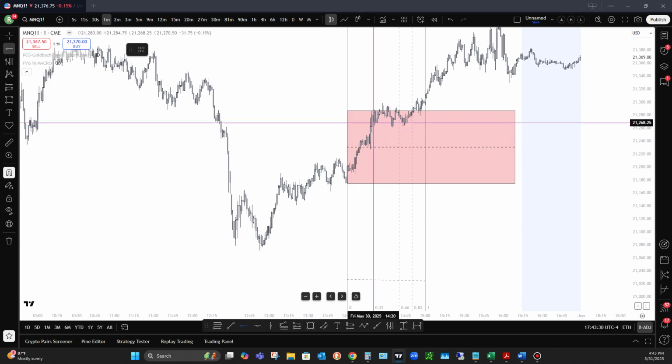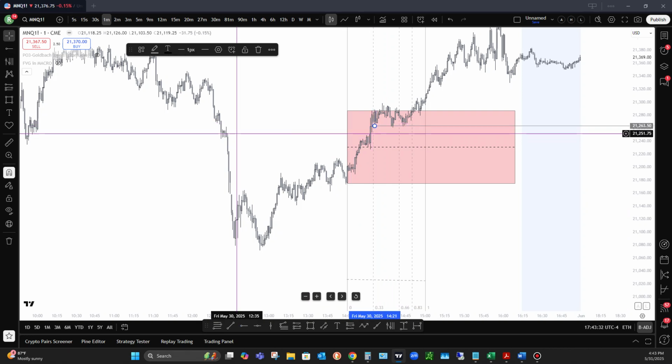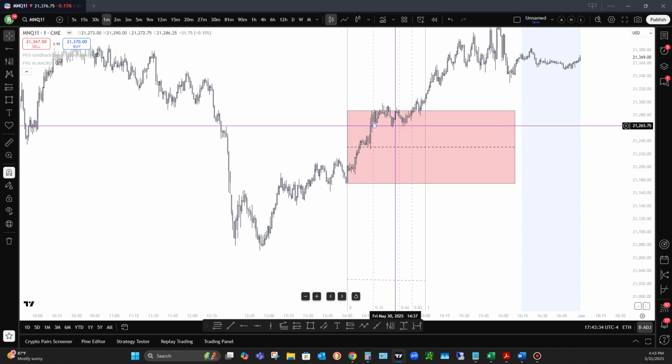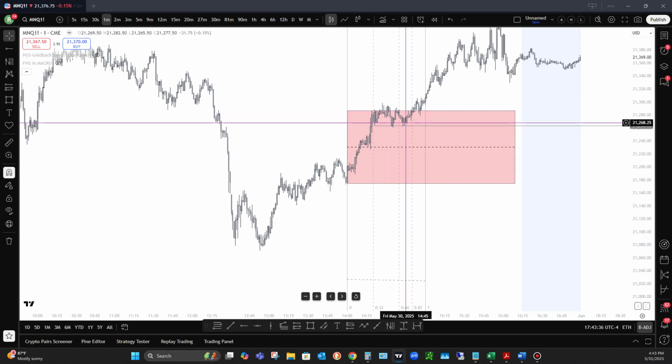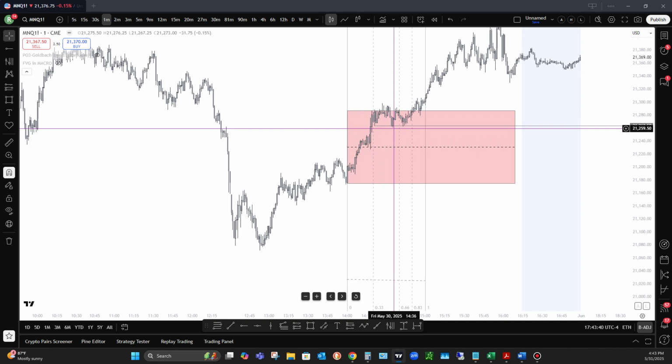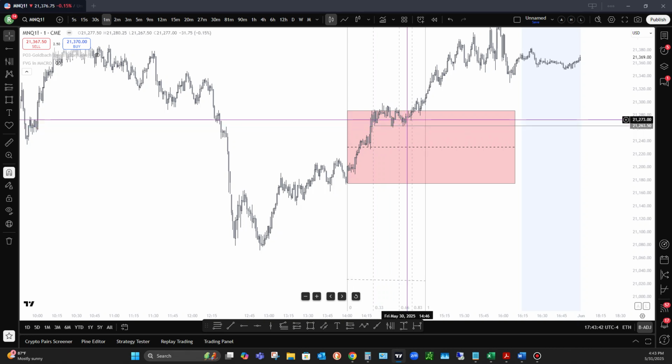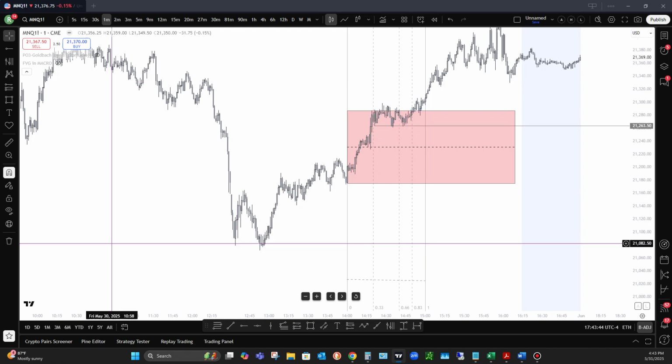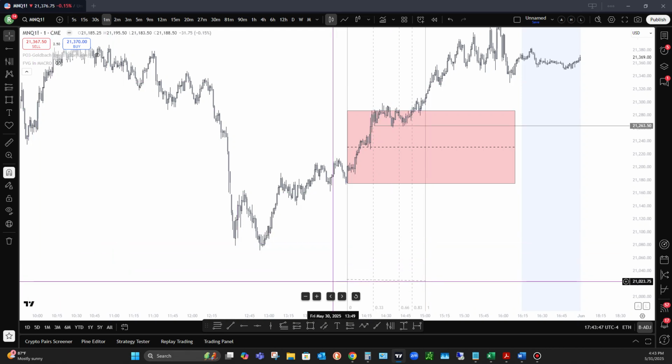Not really. I probably would have been stopped out on this because I would have thought this was a manipulation right here. But then on distribution, we came down. We never broke the low of manipulation. And then we distributed up. Okay. So that's kind of what you could do.